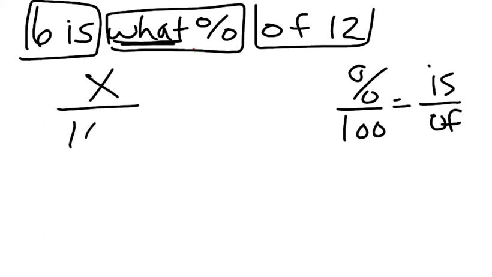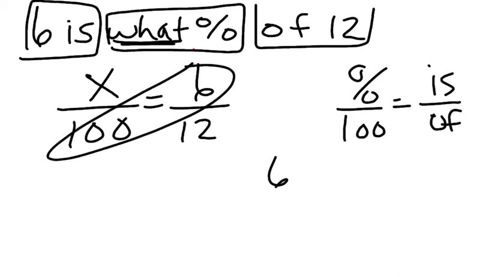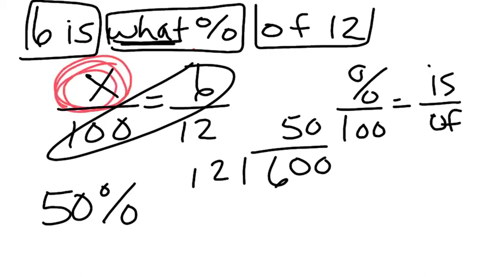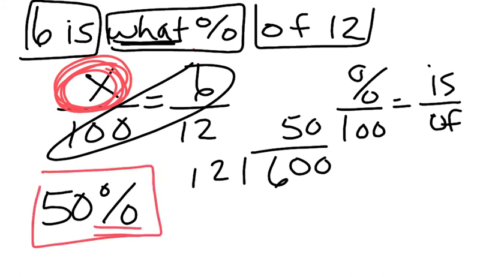So that's x over 100 equals is 6 and of is 12. So 6 times 100, that's 600, cross multiply, divide by 12, you're going to get 50. So 50%. Important, when the x is in the percent spot, you must have a percent sign.